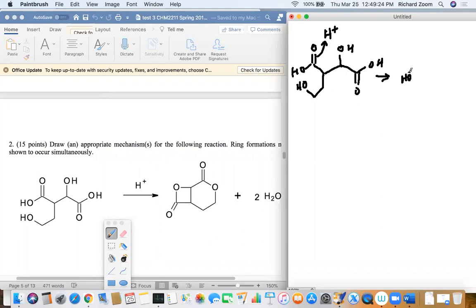So in the first step, the H plus joins onto the C double bond O. Now, it doesn't matter which one. You'll have to do both eventually, but it doesn't matter which one you choose to do first.